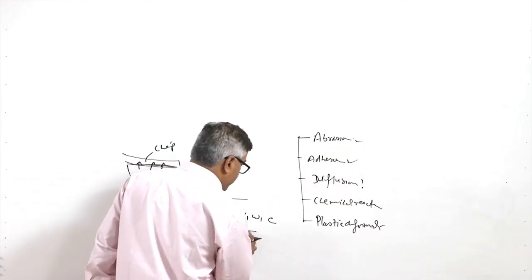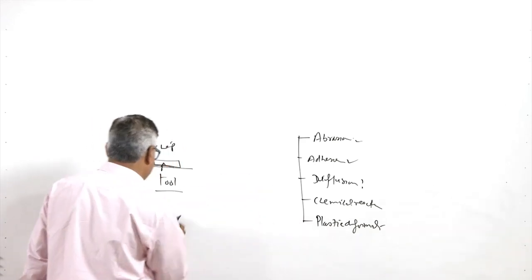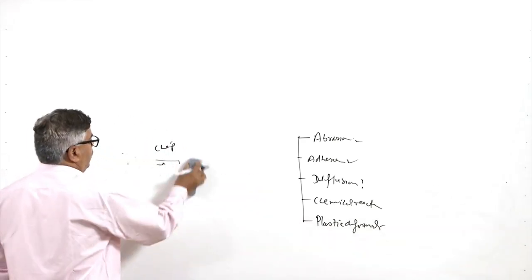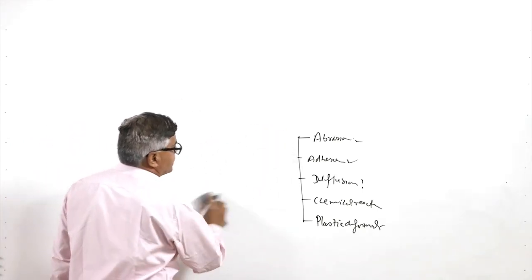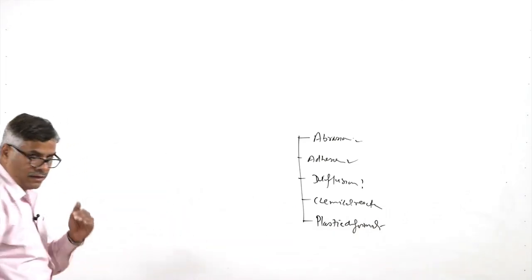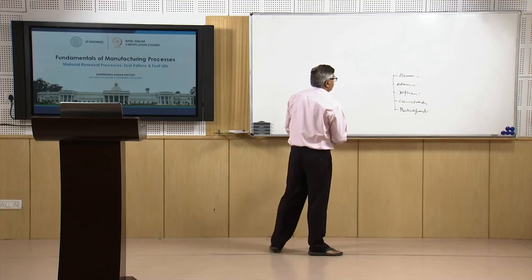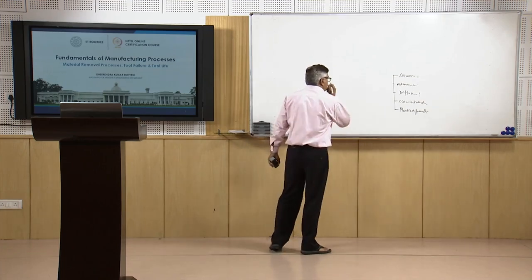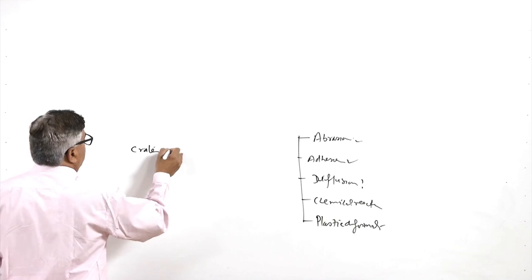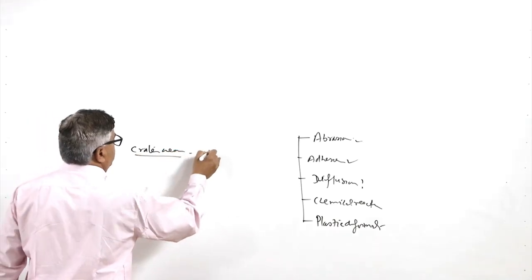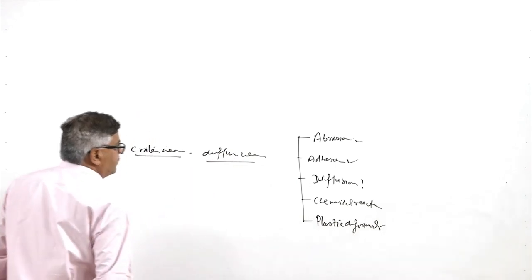Therefore, the rise in temperature facilitates the diffusion of the alloying elements from the rake face, which reduces the hardness and increases the wear by abrasion and adhesion. So crater wear occurs due to diffusive wear, or diffusion.